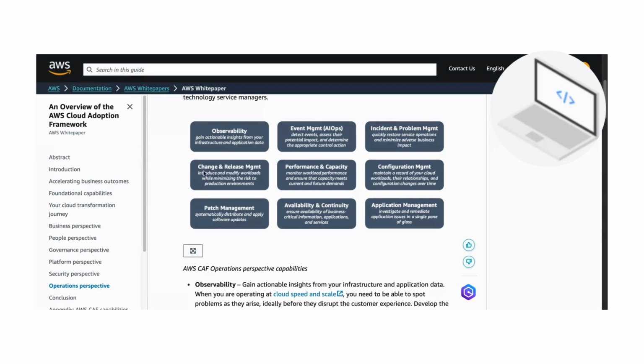Next, change and release management. It focuses on introducing and modifying workloads while minimizing risks to production environments. The cloud offers opportunities to leverage CI/CD techniques, enabling rapid release management and also rollback. Automated approval workflows can also align change processes with agility.